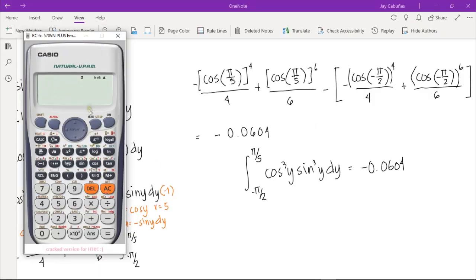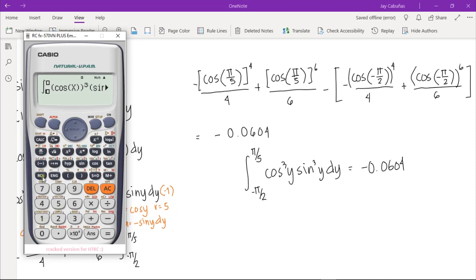Now take note, let's check if our unit here is in radians. Okay, so we have the integration of cosine. We do not have a variable y, so let's use x instead. Cosine x raised to 3, then sine x raised to 3, then dx.